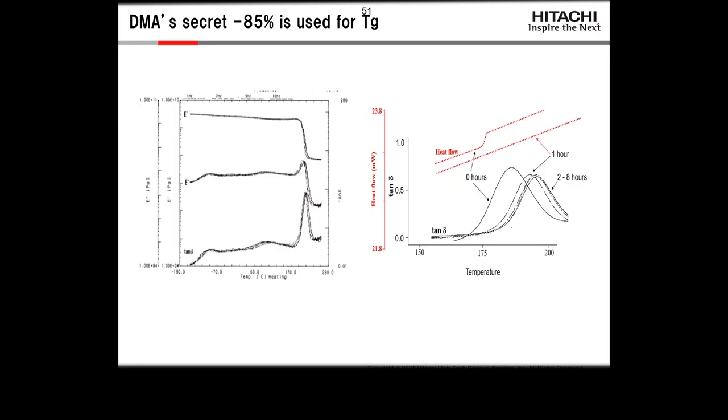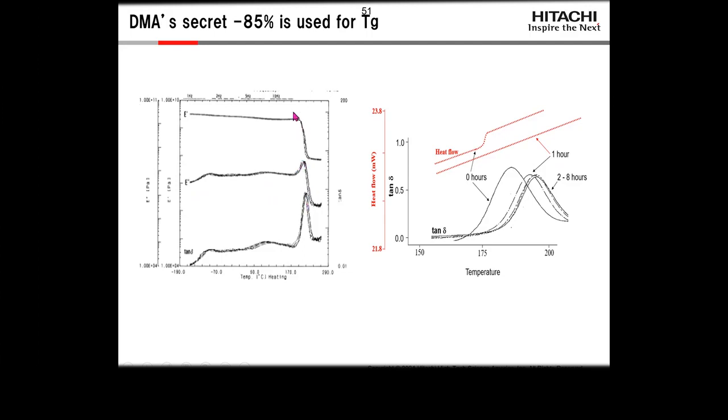DMA's dirty secret: 85% of it is used only for the Tg. It is estimated to be 100 times more sensitive to the presence of the glass transition than DSC is. And we can see a drop indicating the glass transition at the top, the peak in the tan delta down here, which is another indication, and then a peak in the loss modulus.